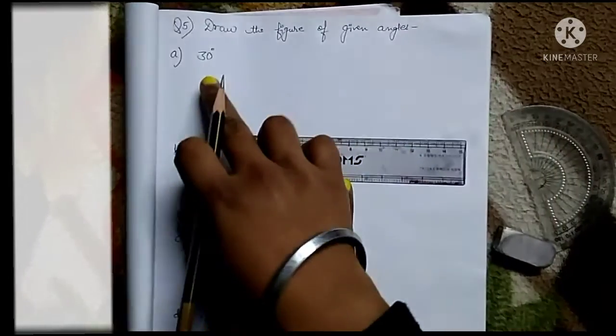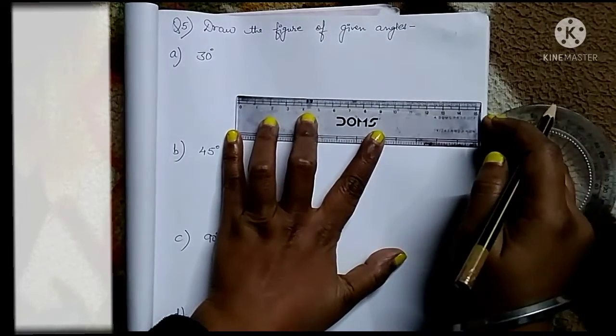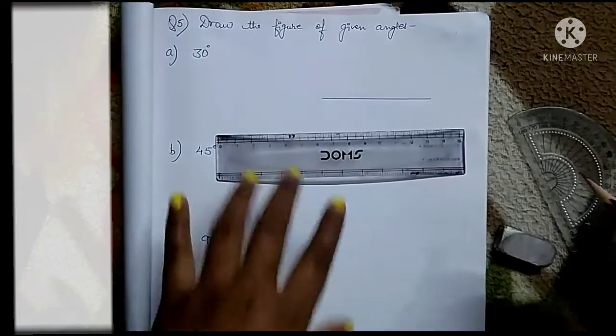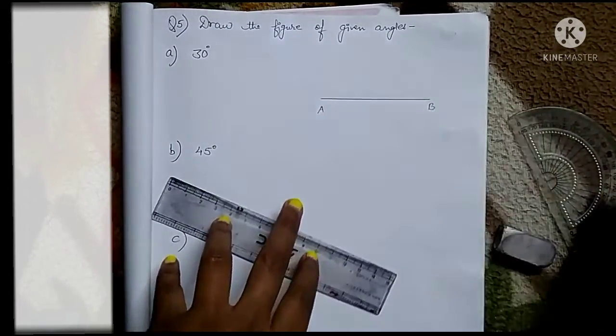Now here we have to make a 30 degree angle. So we draw a straight line, suppose AB.